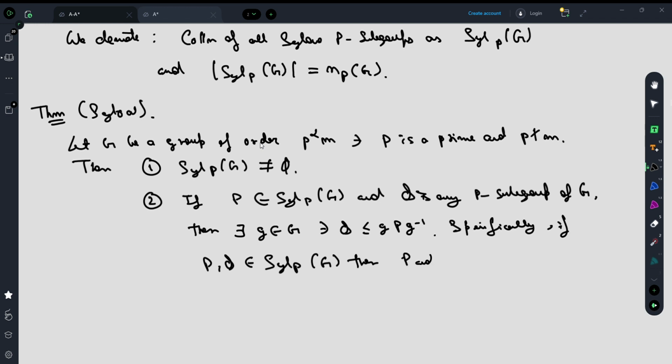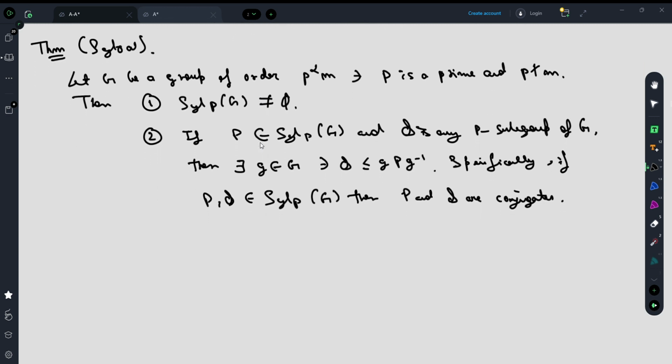Then P and Q are conjugates. Okay. I hope you know the meaning of conjugates. There exists an element g in G such that gPg inverse is equal to Q.